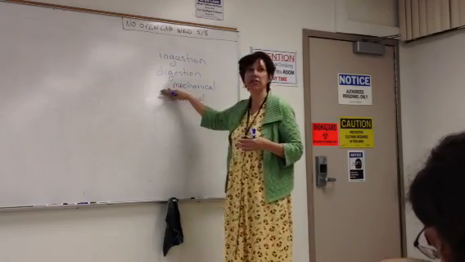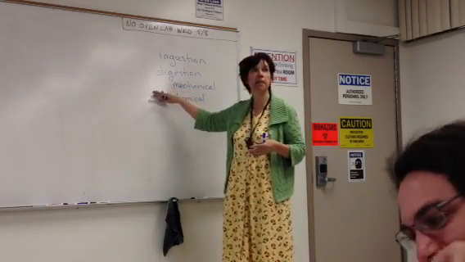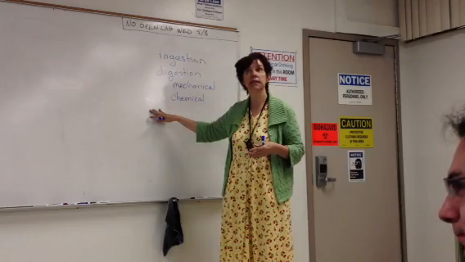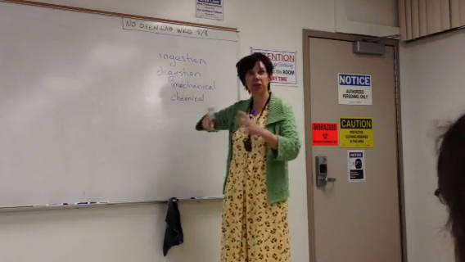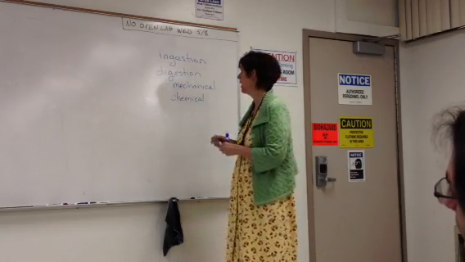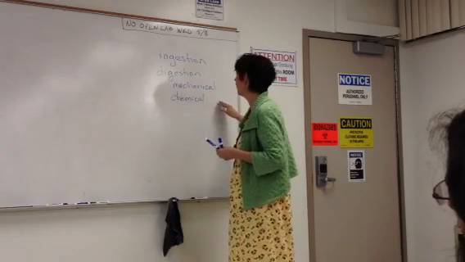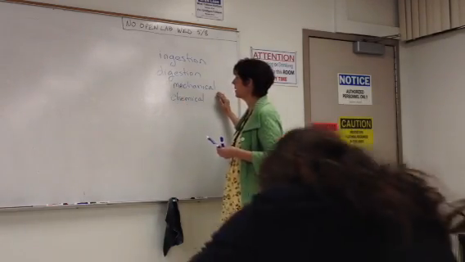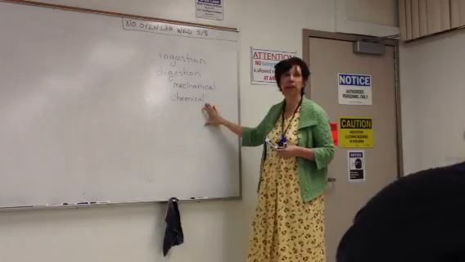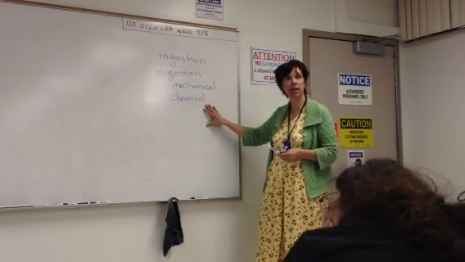So mechanical digestion takes place primarily in the mouth and the stomach, with our teeth and with the churning activities of the stomach. And chemical digestion, even though some takes place in both places, the primary site for chemical digestion is in our small intestine.